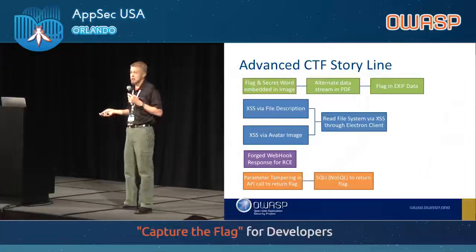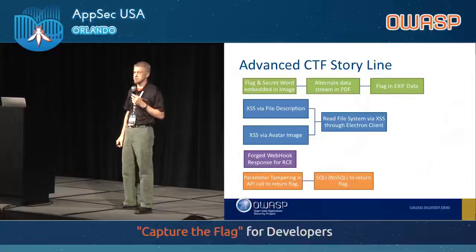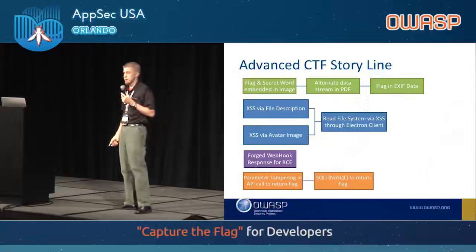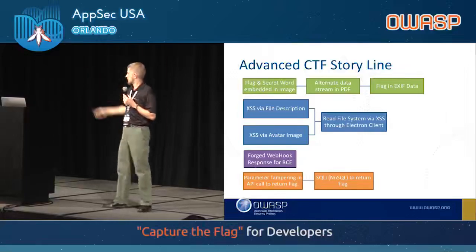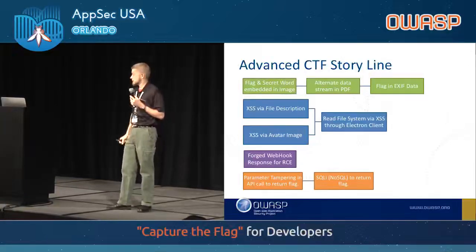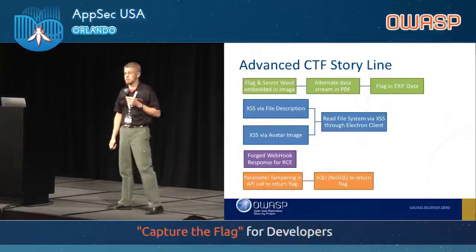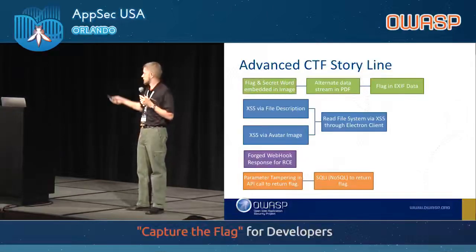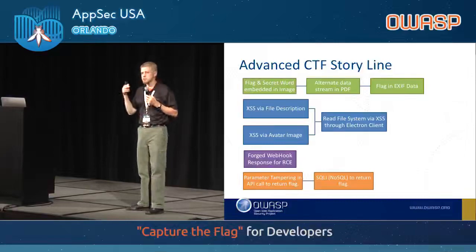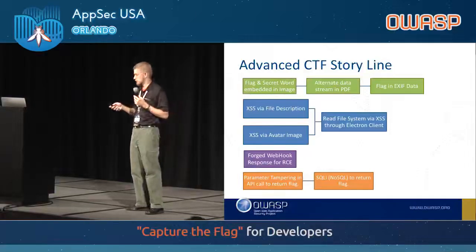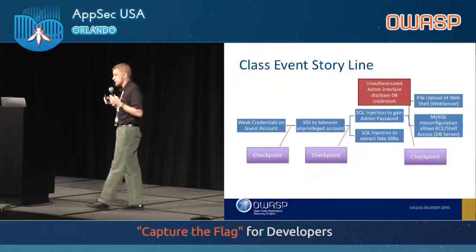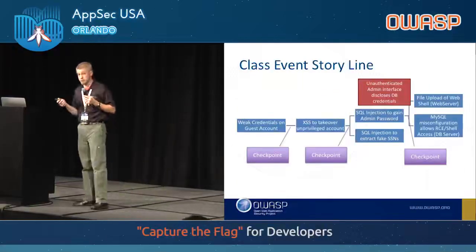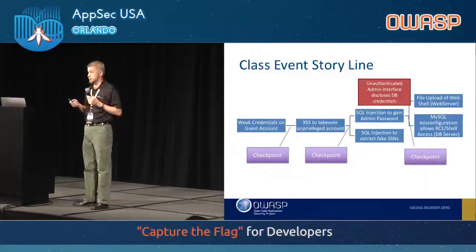But it can be a lot of fun to have lots of styles of vulnerabilities, and people can kind of pick their favorite, or maybe just the one they think they need to work on, and go after it that way. This is a line from actually the Capture the Flag I ran this year for my company. Anyway, the specific vulnerabilities don't matter so much. Just mentally lay them out. How do you expect them to be exploited? Now, if you're doing a Capture the Flag event for a group of developers, again, you might want to approach it a little bit differently.